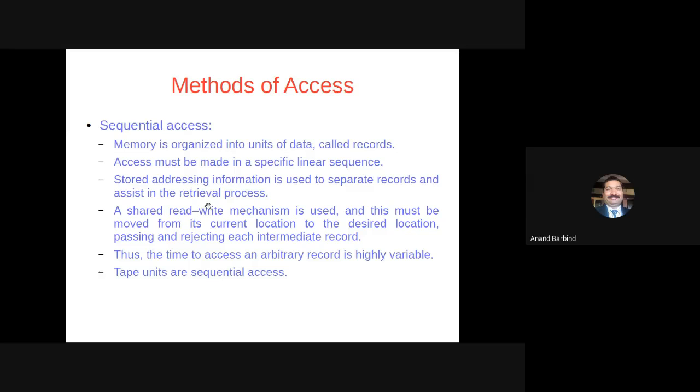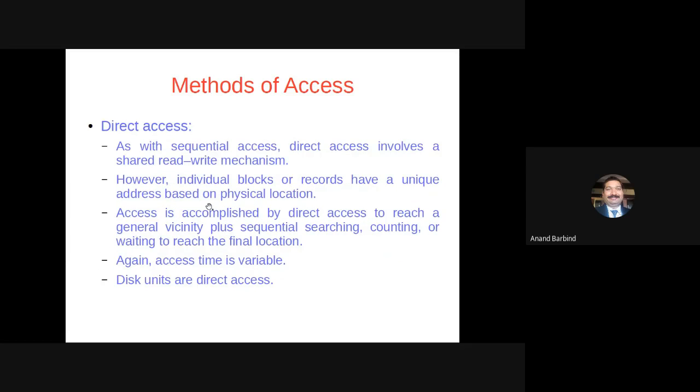So to go to the target record, the required record, you need to access all the records in between the current record and that particular target record. The direct access, as with sequential access, involves a shared read-write mechanism.